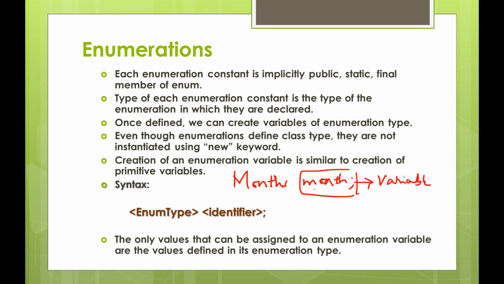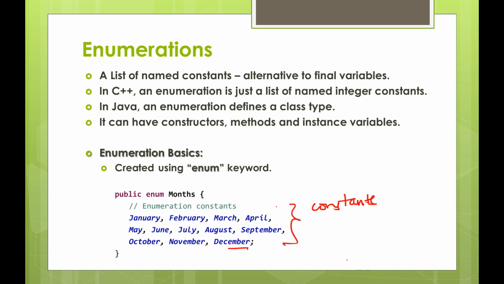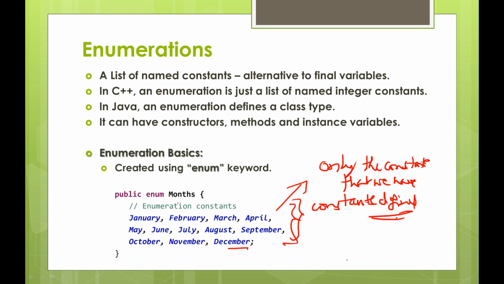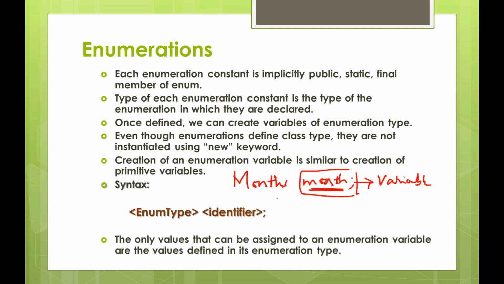The only values that we can assign to this month variable are the constants that we have defined within the enumeration type.